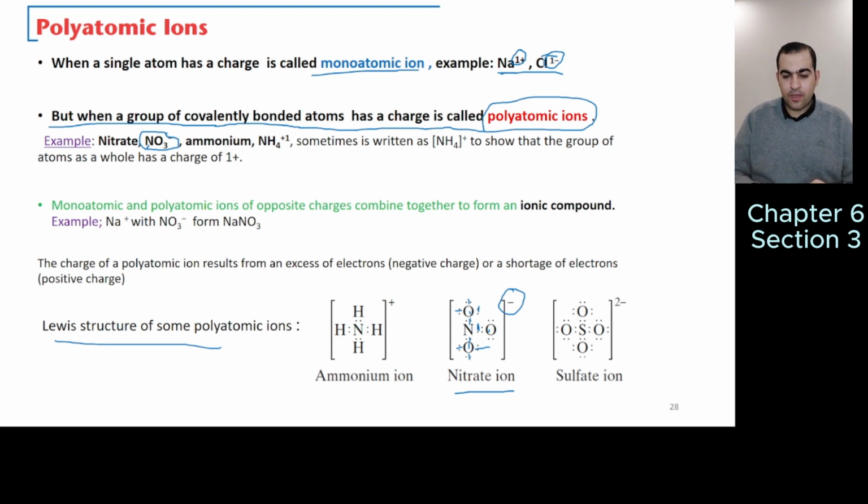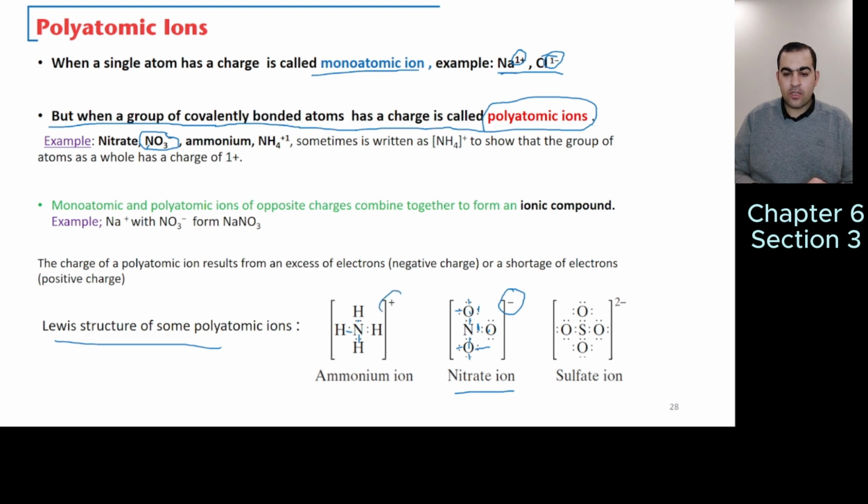In ammonium, let's count before they bond with each other. Each hydrogen has 1, so 4 valence electrons, plus nitrogen has 5. 4 plus 5 is 9. There must be 9. But here, look, 2, 4, 6, 8.